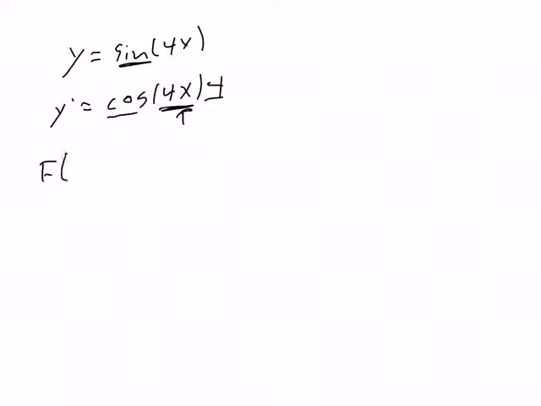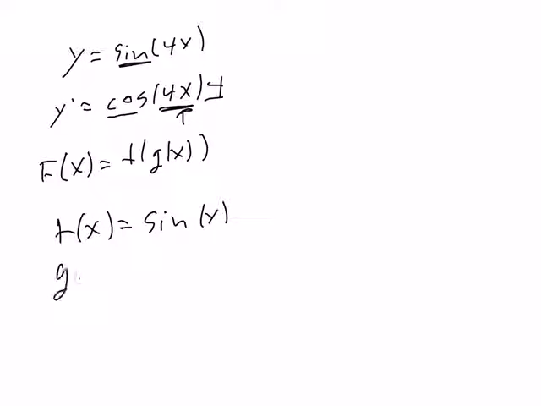So we have y equal to sine 4x, so y' is going to equal cosine 4x times 4, meaning we take the derivative of sine, keeping the 4x in here, and then we just take the derivative of 4x. Because again, we're taking big F(x) to equal f(g(x)), where f(x) is sine of x and g(x) is equal to 4x.